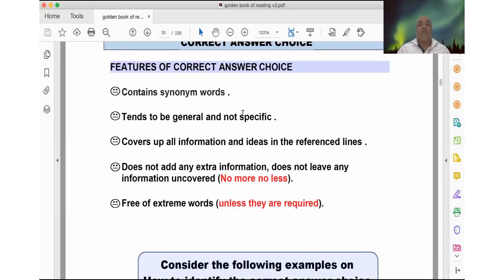So the correct choice should have exactly all the meanings, ideas, statements, and claims in the lines you're reading. The correct answer choice should be free of extreme words unless they are needed. Usually, extreme words are wrong, unless the claim is extreme and requires an extreme word.